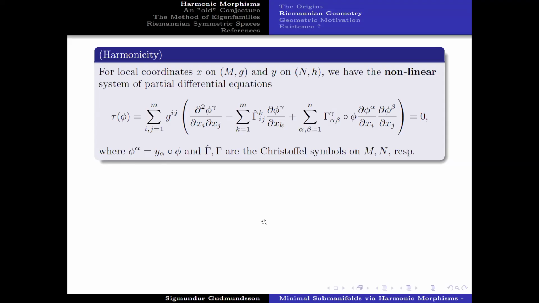My solutions are usually given by quotients of polynomials, and what you would like to read off these polynomials is some topological invariants, Betti numbers or something like this.